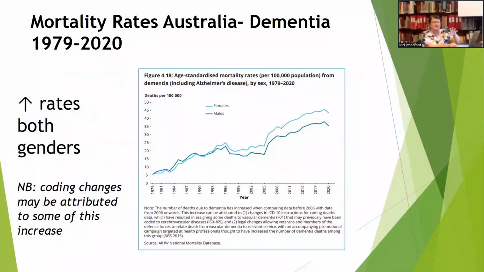We don't end up in a nursing home. So I think we've just got to be a bit cautious when you look at some of these graphs. Purely an administrative change saw this increase in dementia that looks a bit shocking.